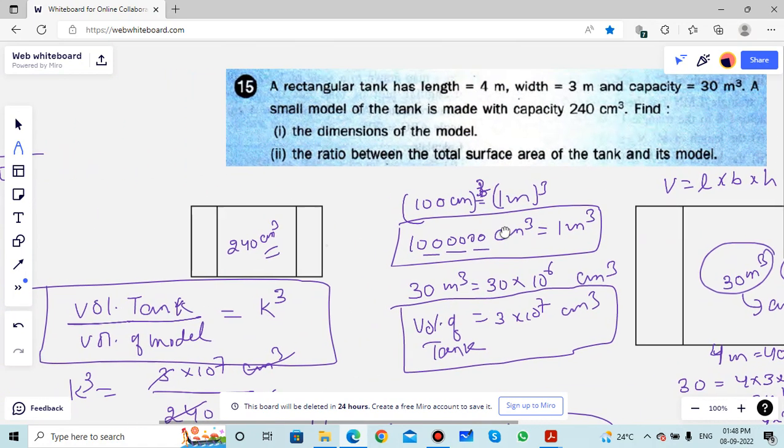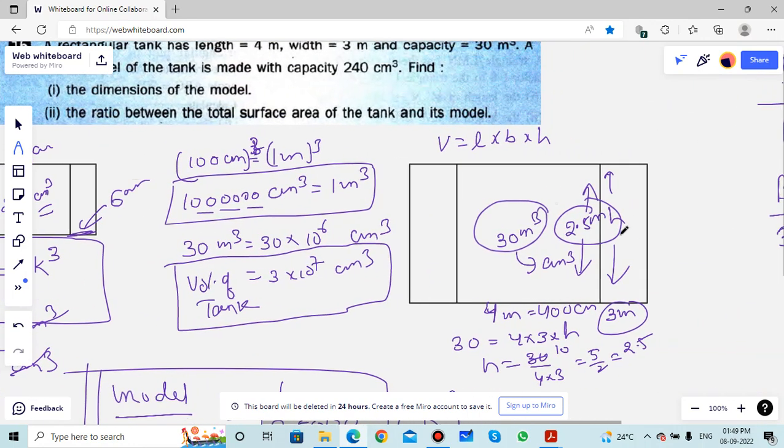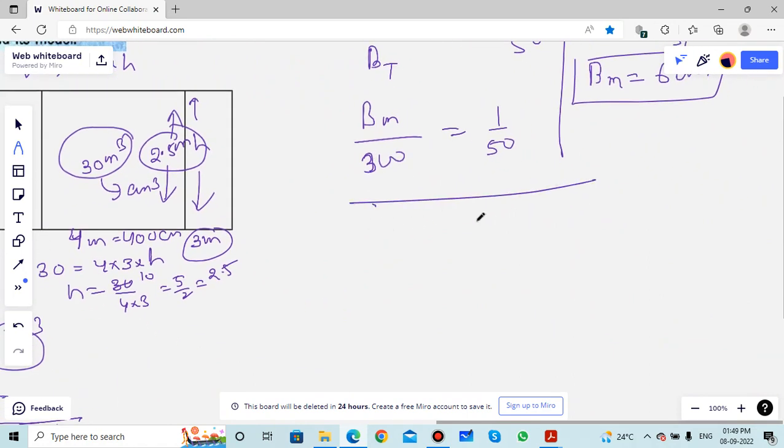So we got the length as 8 and the breadth as 6 centimeter. Height is only supposed to be found out. Height is 2.5 here. So we can say height of the model upon height of the actual tank is equal to 1 upon 50 scale factor. What is the height of the model? We do not know.